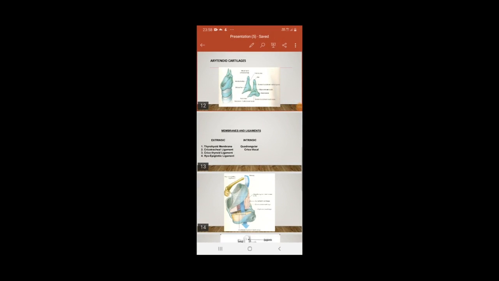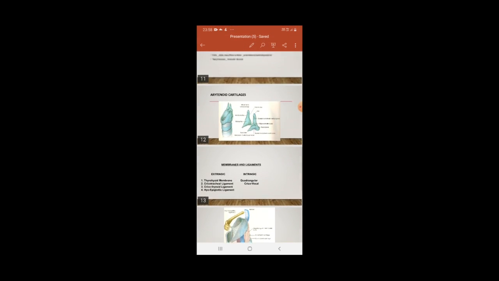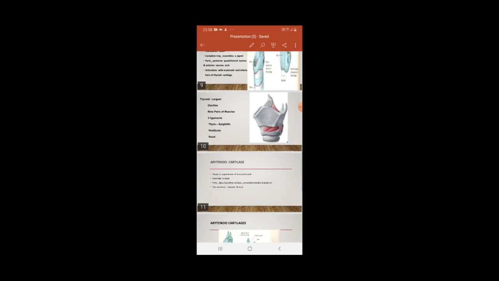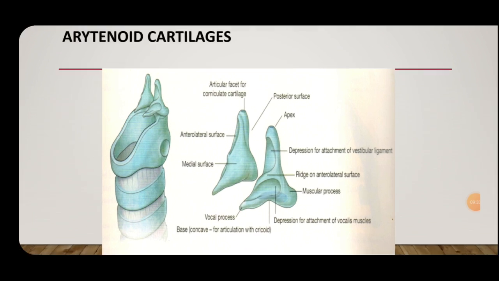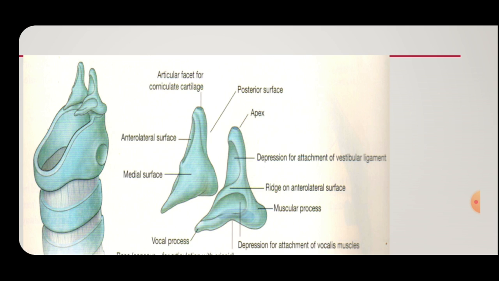The corniculate and the cuneiform are small conical nodules. The corniculate cartilages articulate with the apex of the arytenoids, and they lie within the posterior part of the aryepiglottic fold.